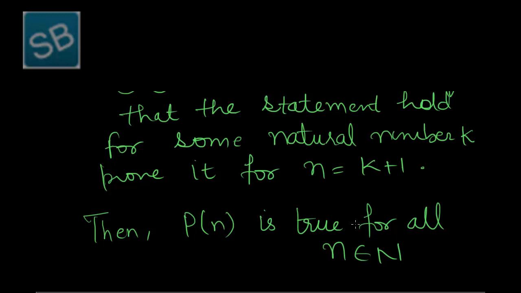In this step, we will assume that this statement is true for n is equal to k. Then we will proceed further. That is, we will check the result. Is it true for n is equal to k+1 or not? If it is true for n is equal to k+1, then we will say that the principle of mathematical induction proves the result that P(n) is true for all n belonging to natural numbers. So that is all about the principle of mathematical induction.